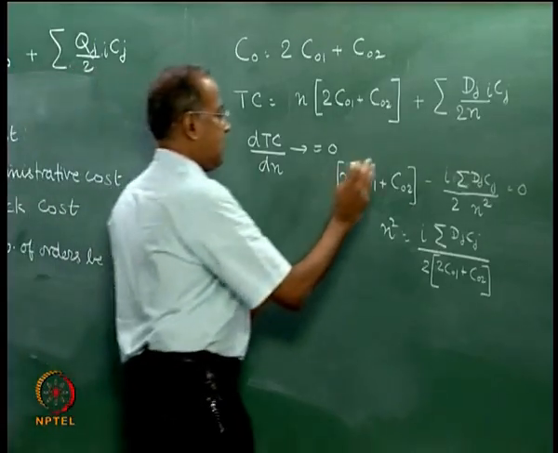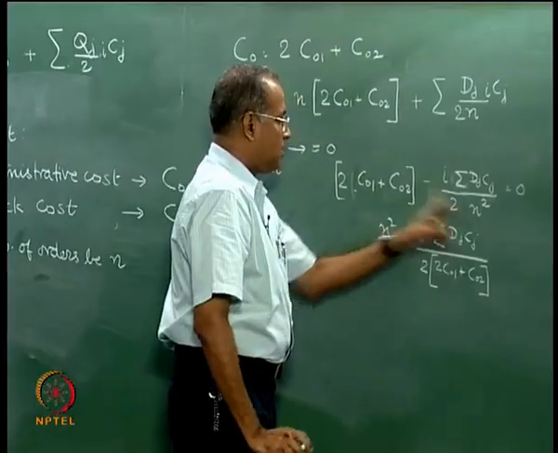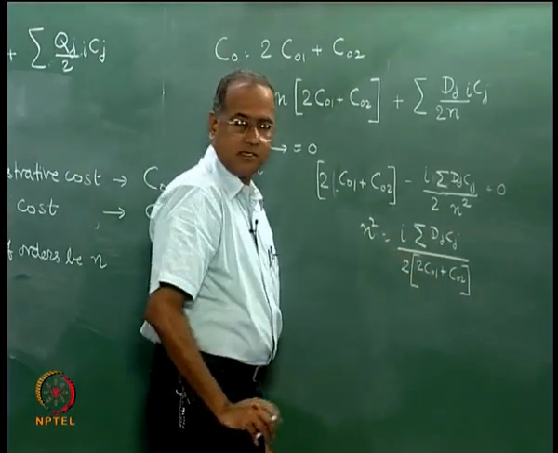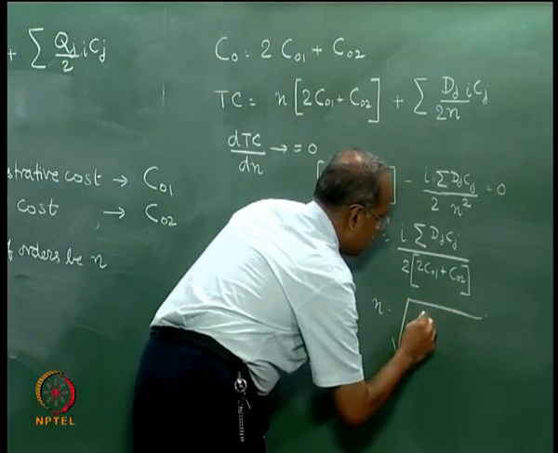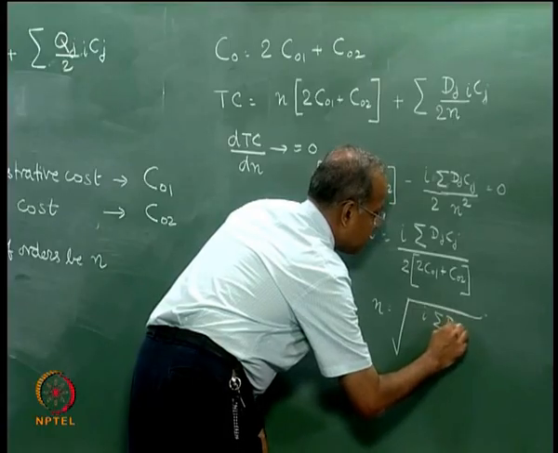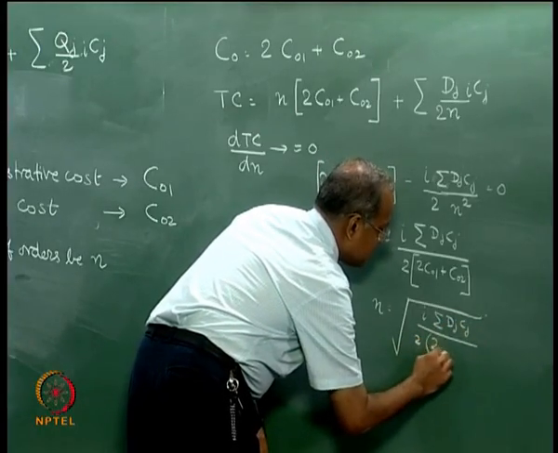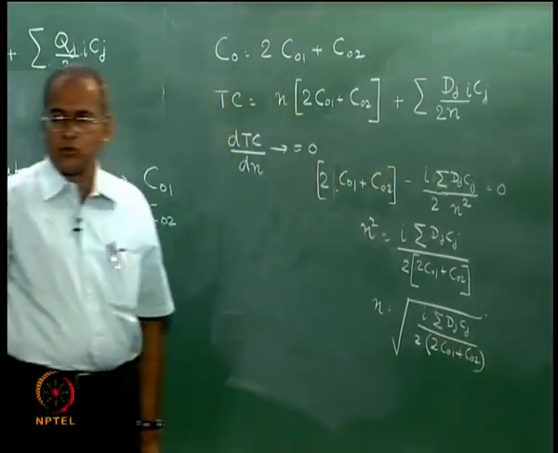Take this to the other side, n square goes here, this quantity comes down. So, n square is I sigma dj cj by 2 times this, and n is equal to root over I sigma dj cj by 2 times 2 C naught 1 plus C naught 2.